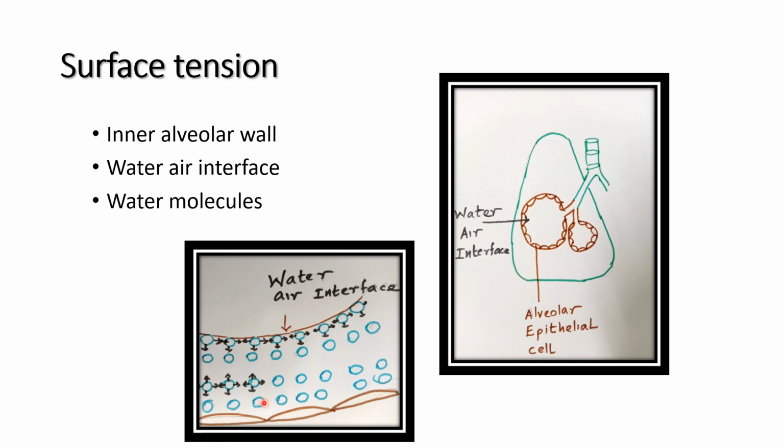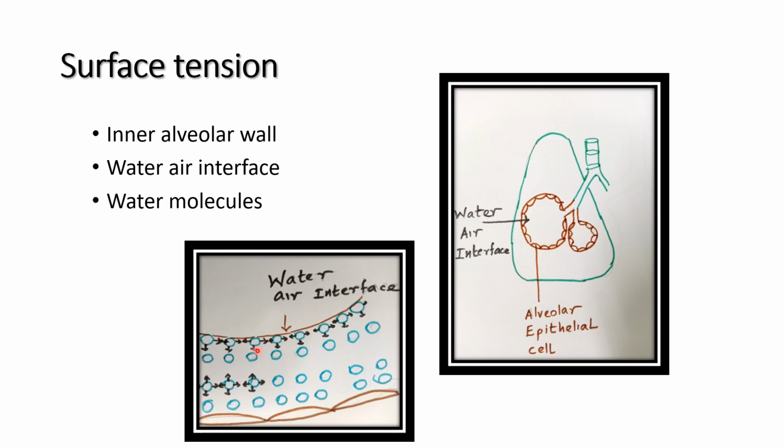Inside, the water molecules have force on all sides, so the net force is zero, because the force acts in all directions. But at the water-air interface, the forces act sidewards and downwards.